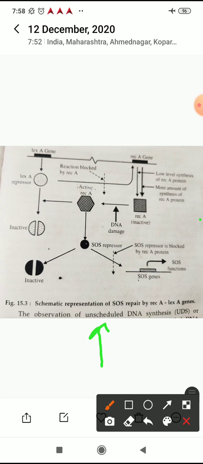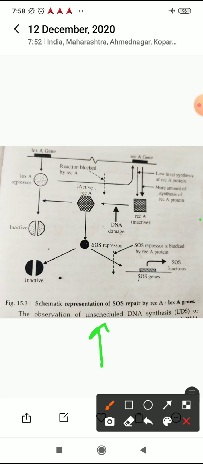SOS actually consists of a group of at least 15 genes which are involved in repairing of damaged DNA. They are induced by protein called as REC protein. REC A protein is responsible for this.